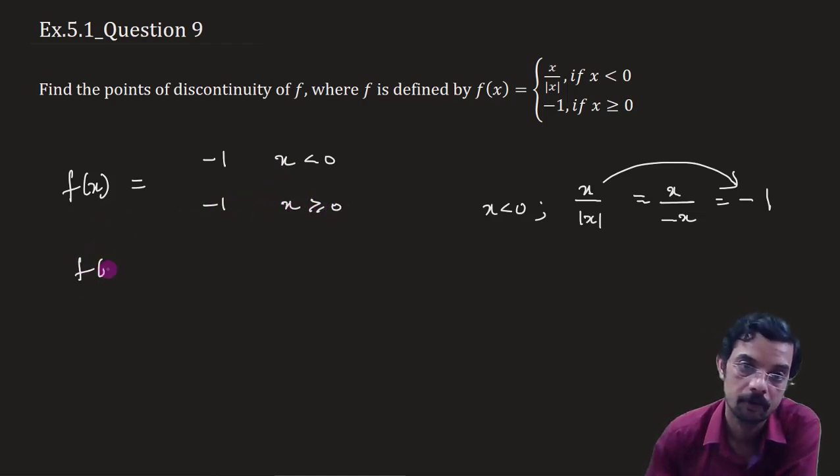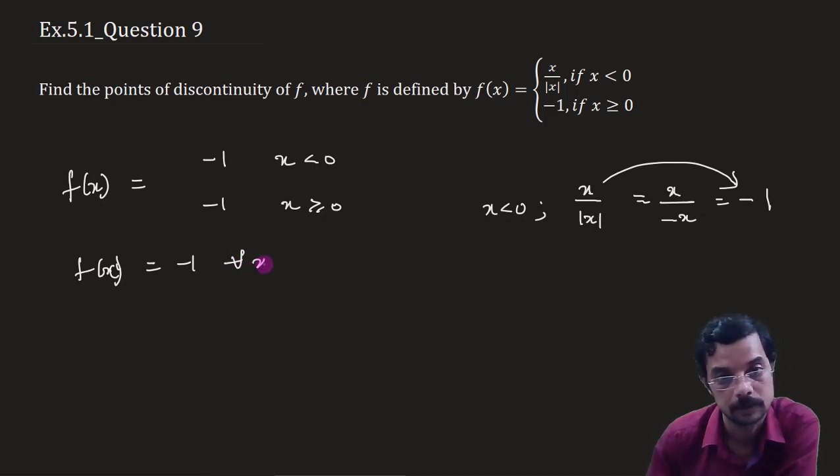That is, f of x is equal to minus 1 for all x. When x is less than 0, it is minus 1, and when x is greater than or equal to 0, it is also minus 1.